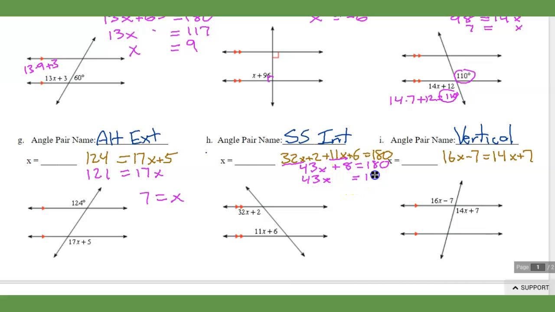We'll get 172. What is 172 divided by 43? 4. All right. So it looks like you can reasonably expect things to come out to integer answers. But if you got decimals, it's not necessarily wrong. We will have more of that as we go further along.